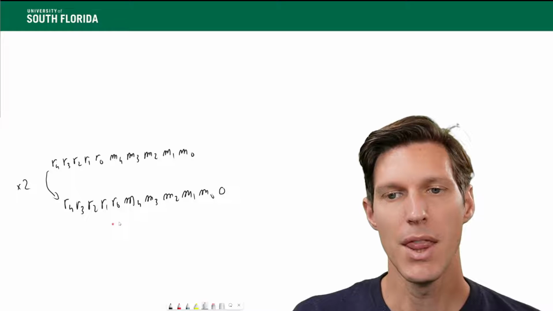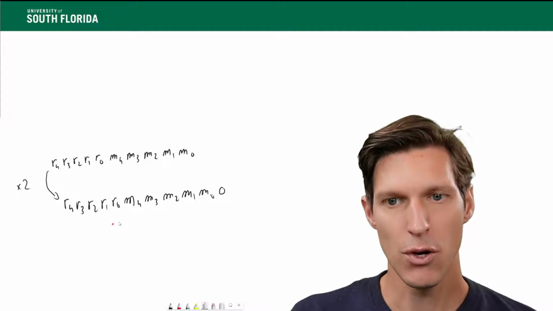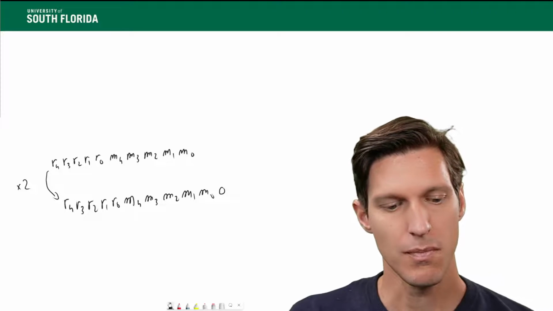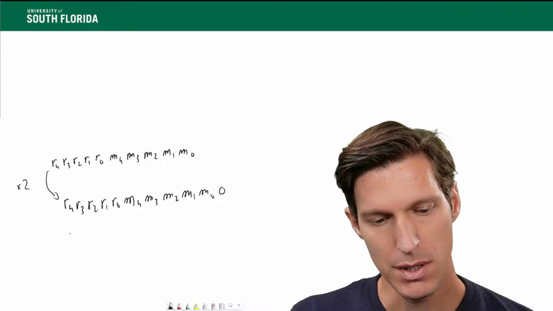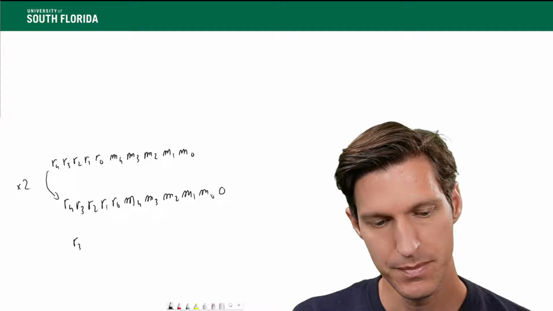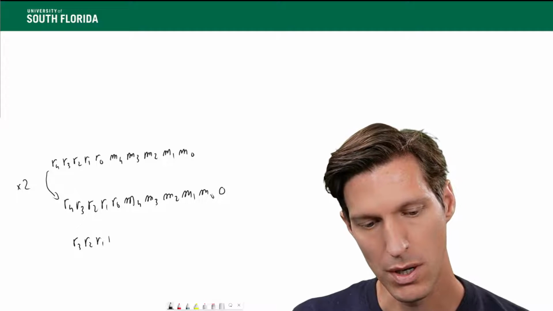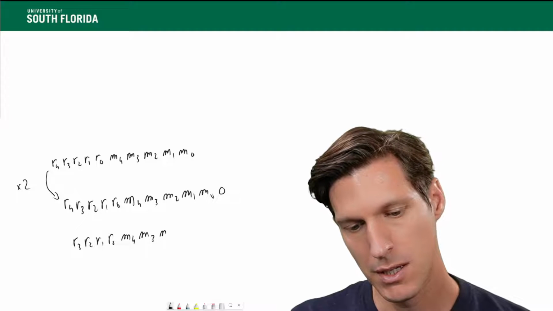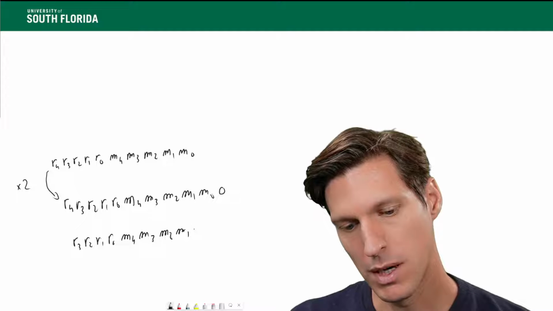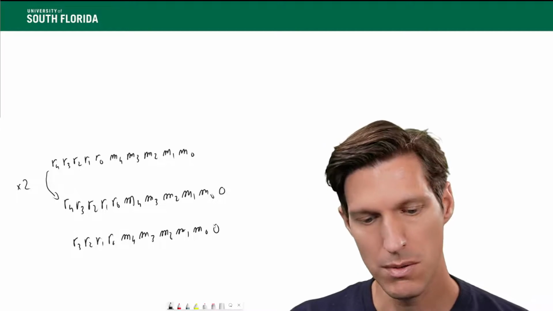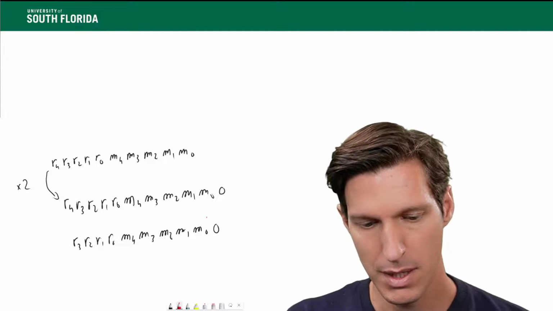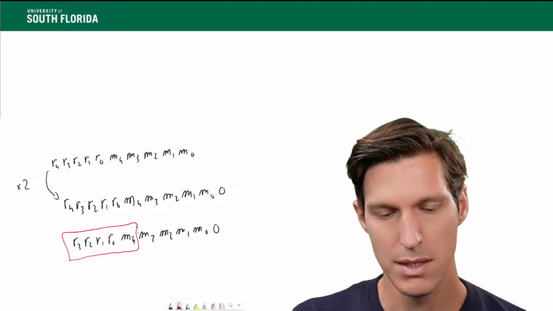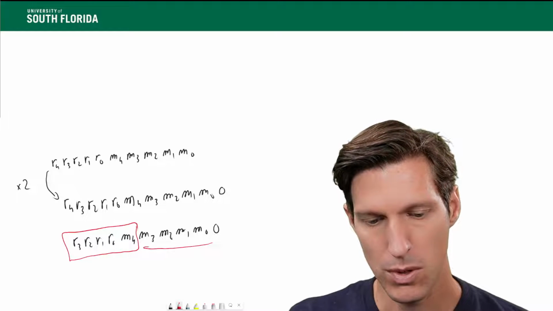And then during the decryption, the challenger retrieves R3, R2, R1, R0, M4, M3, M2, M1, M0, and 0, and then decides that this was the random padding and this was the message.